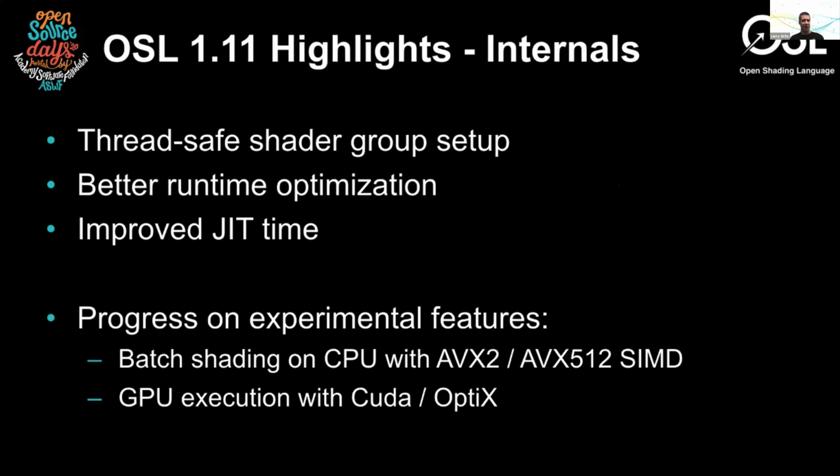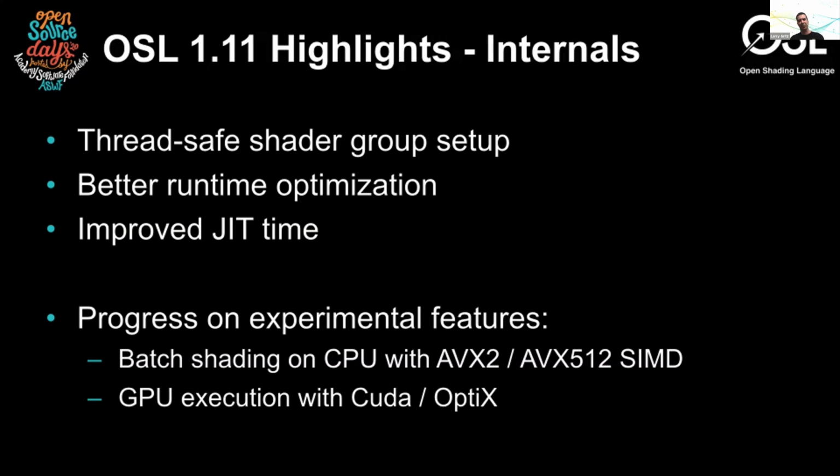As far as internal changes that renderer authors will appreciate, we have changed the way through the API that you specify shader groups to have thread-safe versions, so you can have multiple threads setting up shader groups in parallel. They're not stateful anymore. And we've improved, as always, some of the runtime optimization, so your shader should run a little faster.